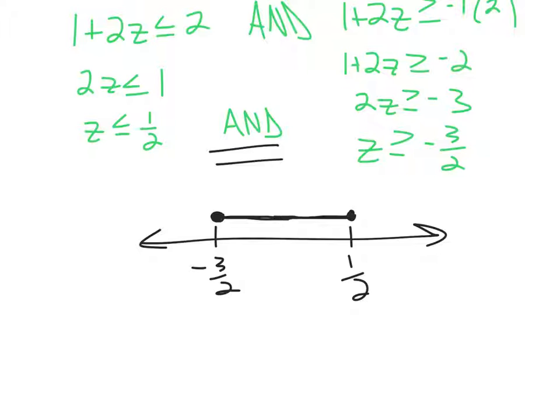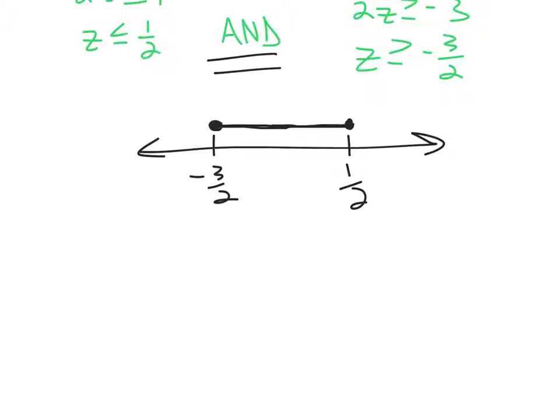And so this is pretty nice because we only need to pick one number that's in this range here and test it. So again, I'm going to go back to the original to test it, but a little bit manipulated. By the way, I'm going to pick 0 because that's a super easy number to work with.